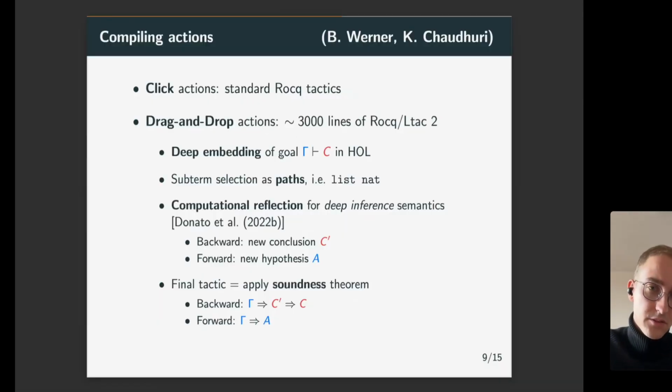And drag and drop actions need some involved embedding of higher order logic, which is the internal logic used by Actema. Then you have a bunch of rewrite rules manipulating these formulas in order to implement the semantics of drag and drop actions. This is a form of computational reflection, where you manipulate this embedding of formulas to compute either a new conclusion or a new hypothesis, depending on whether it's backward or forward reasoning.